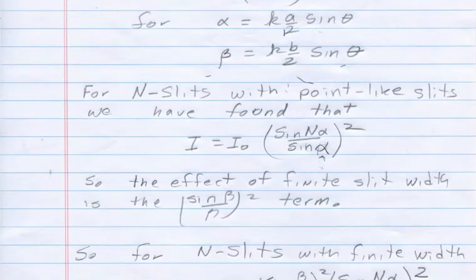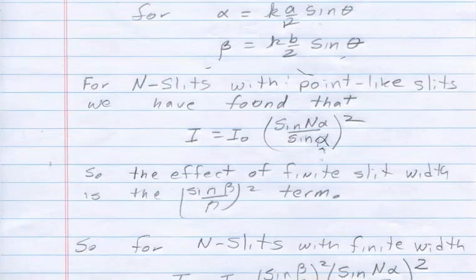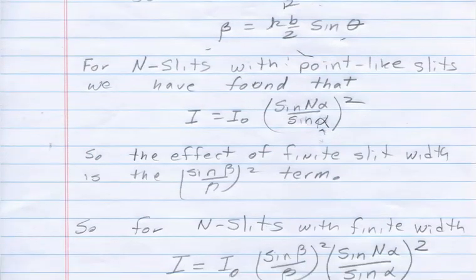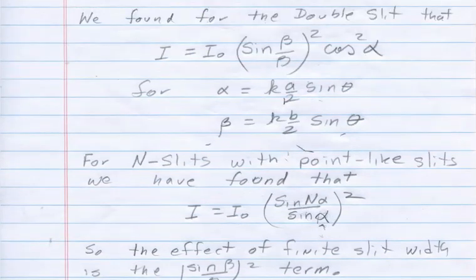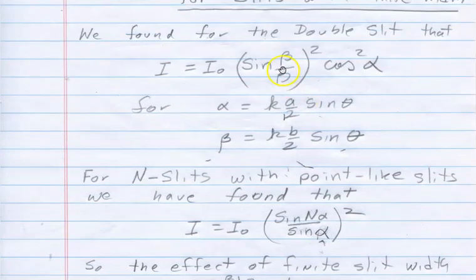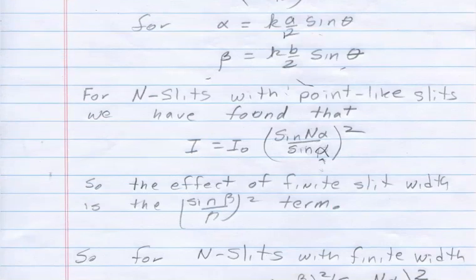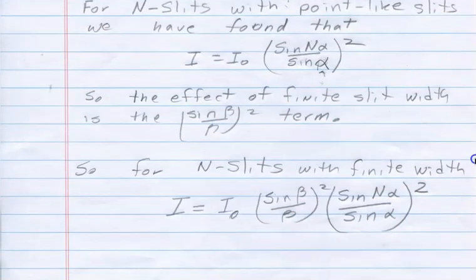And you can go through the math. I think your book indicates it. It gets pretty complicated, but I think really just by analogy, all we need to do to bring our point-like slits up to finite width slits is to have this slit width factor in here. And in fact, that's what you get with a detailed calculation.